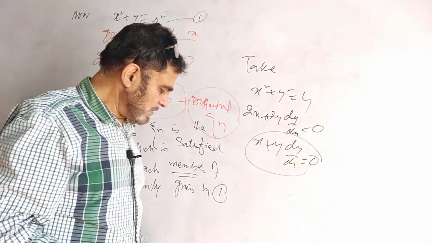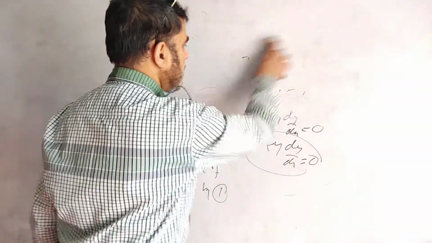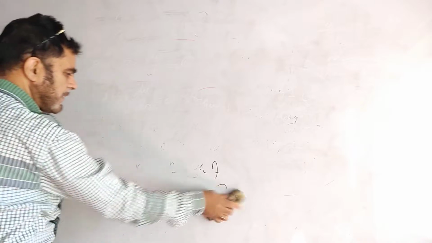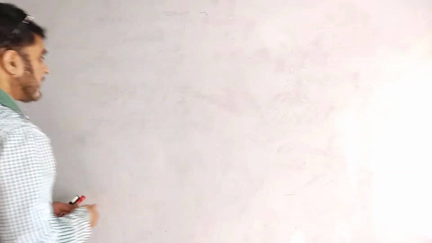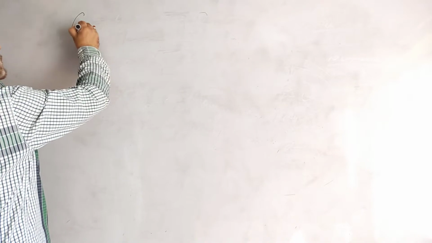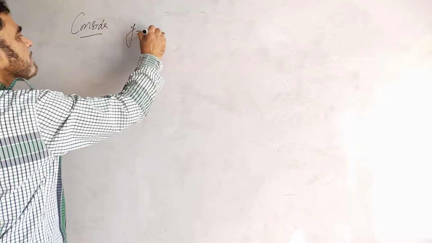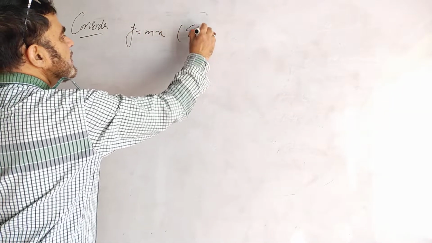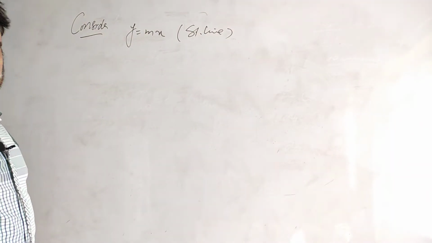I will give you one more example. Suppose I have y is equal to mx. What is this? It is a straight line. It passes through the origin.